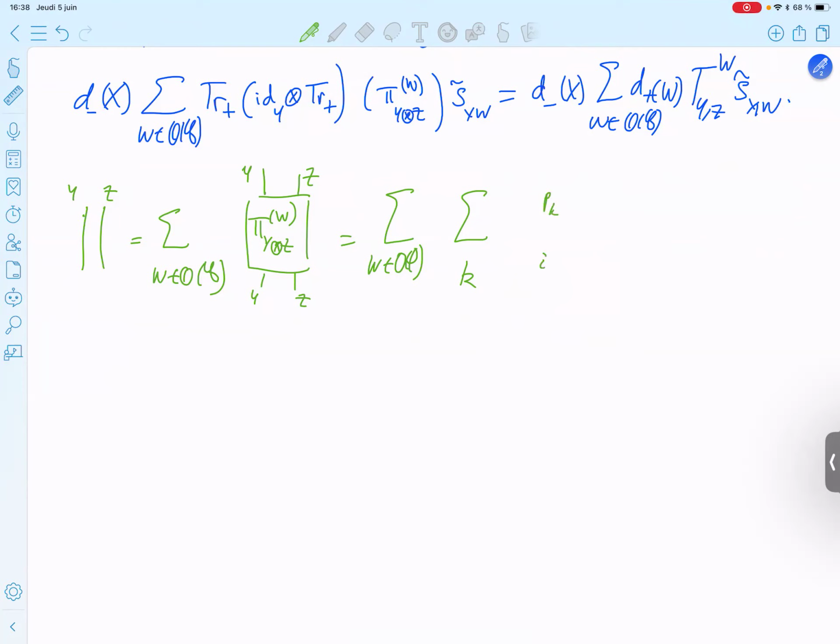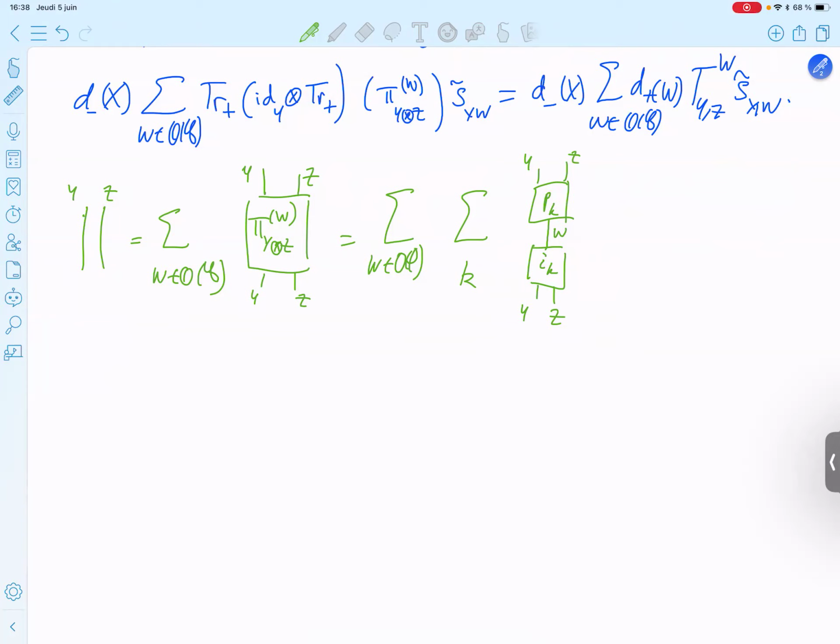It's a sum of minimal idempotent, and the minimal idempotent can be written this way by the Karoubian property of the category. The category is abelian, so it's Karoubian, which means that it is idempotent complete.